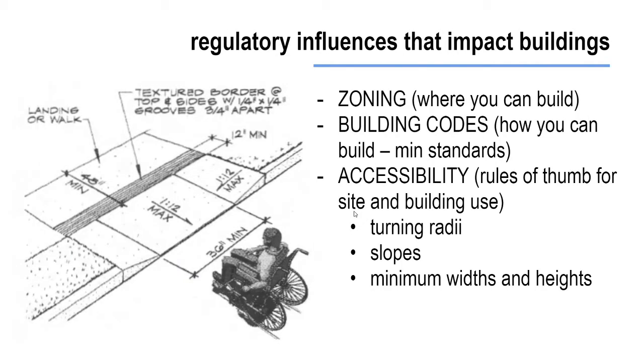Then within our plans too, so in our design and our construction, we have different regulatory influences such as zoning laws. I touched on this very briefly in the site planning lecture, but you'll be zoned for whether or not a piece of land is able to be commercial or residential, and they are typically separated.